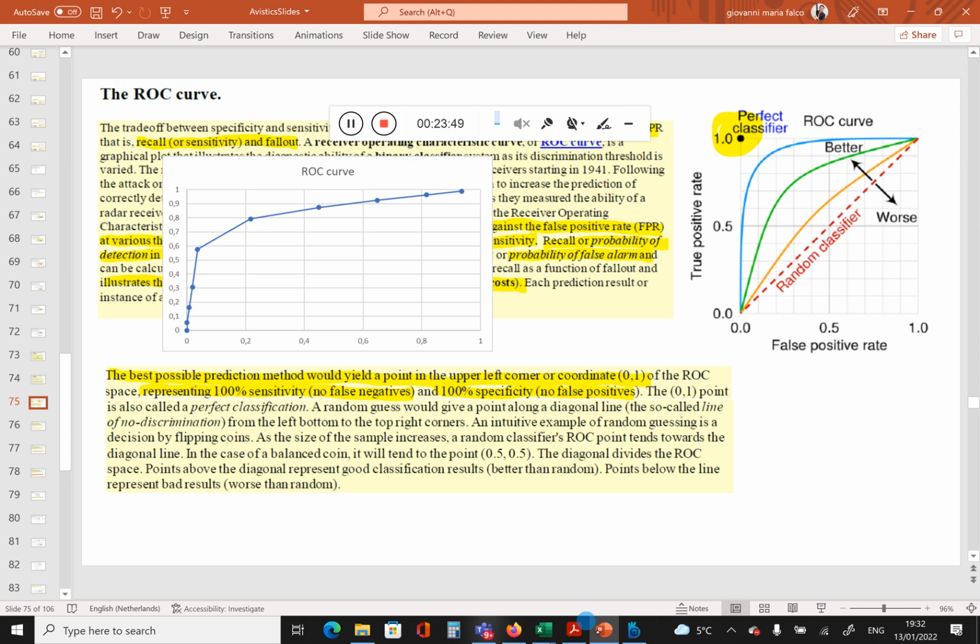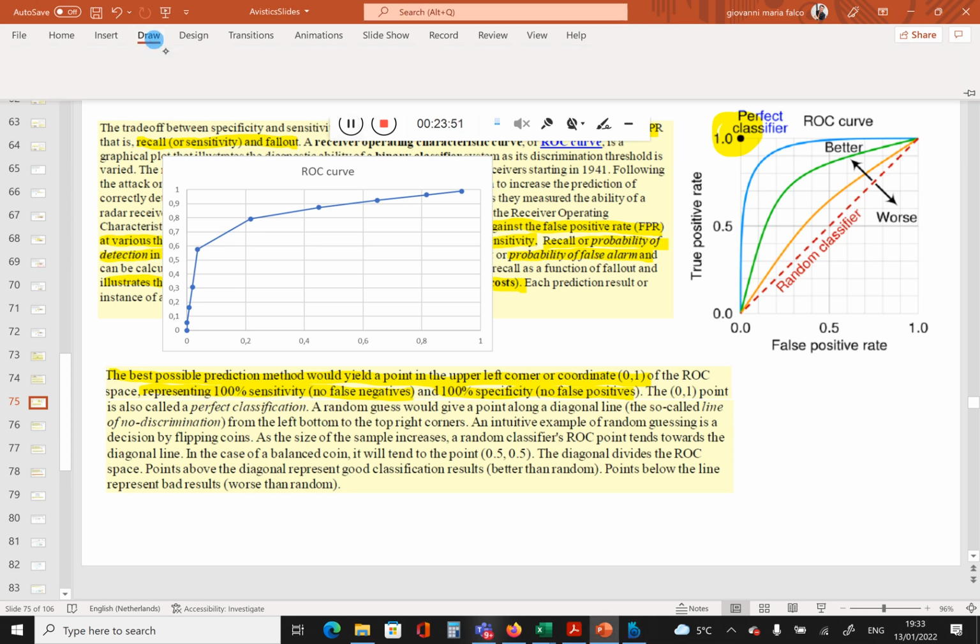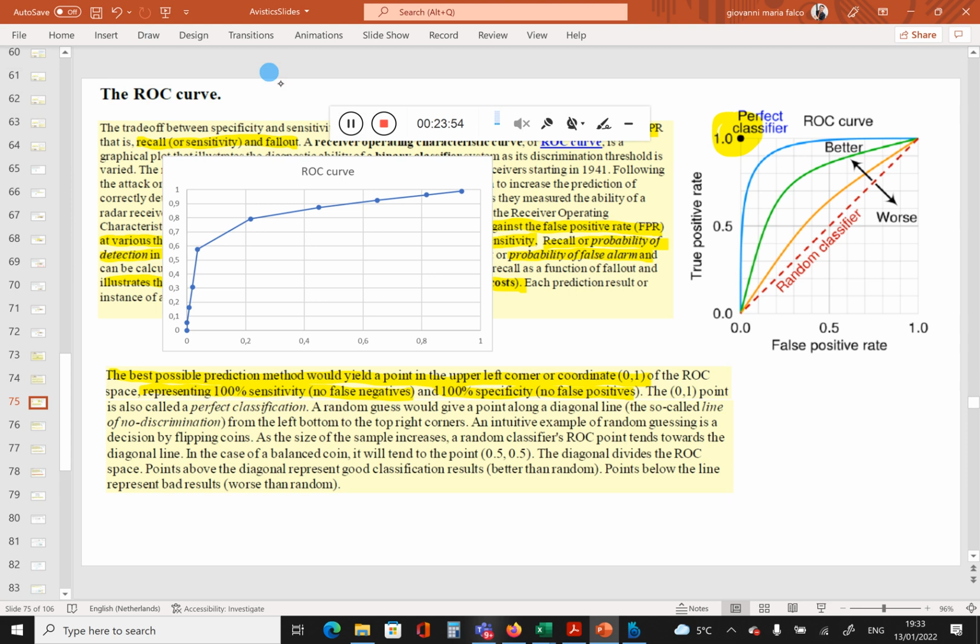Then we have the other limit, and the other limit is when basically your decision is based on chance. This is given by the line of no discrimination, which is basically the diagonal line, when the true positive rate and the false positive rate are the same. And this is basically when you make your decision, you make your test, just for example by flipping a coin, okay, as we have seen in the other exercise.